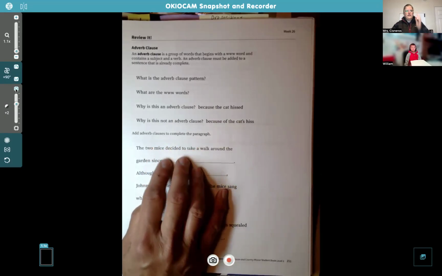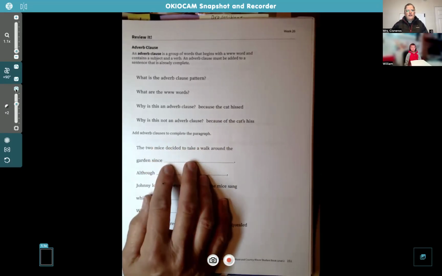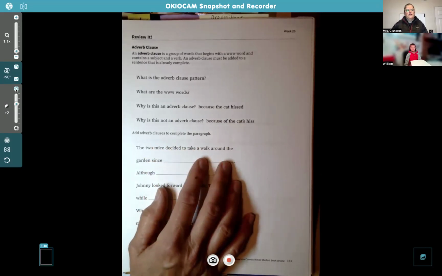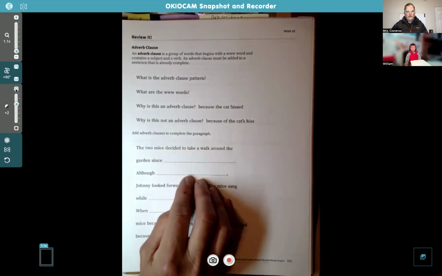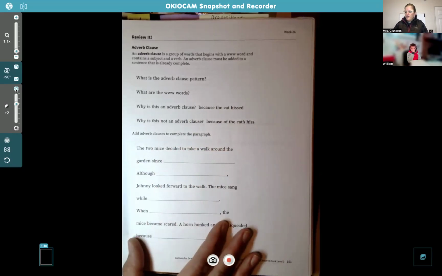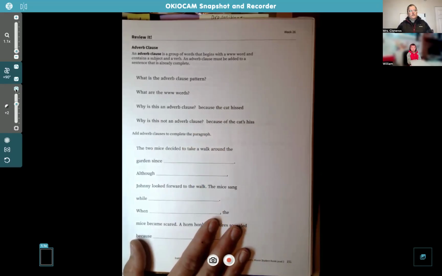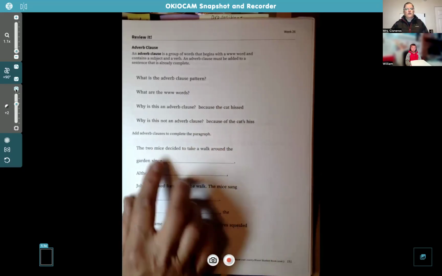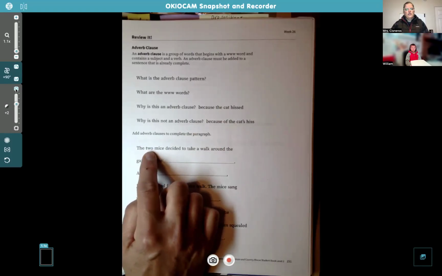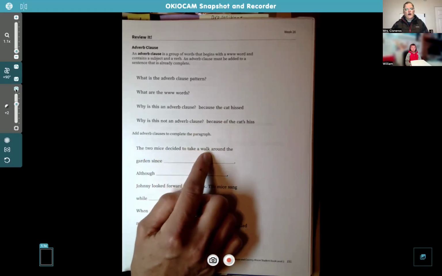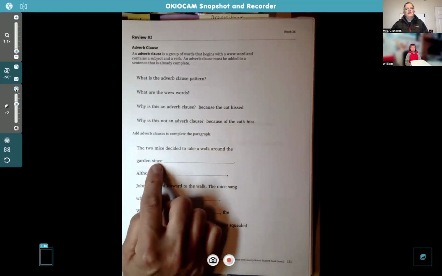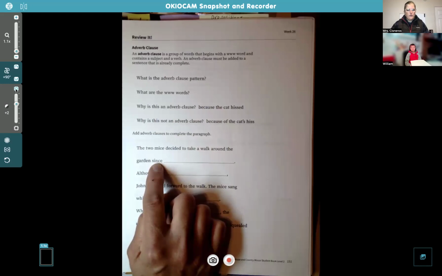All right, and then down here, they want you to add adverb clauses to complete the paragraph. So these all need to be adverb clauses. And remember, the adverb clause has to have an Asia word plus a subject verb. So like this first one says, the two mice decided to take a walk around the garden since, there's your Asia word.